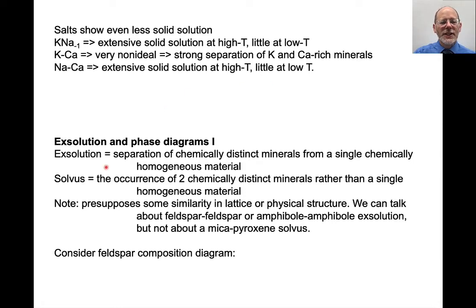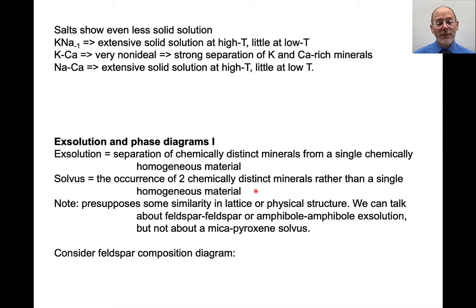Now, exsolution is the separation of chemically distinct minerals, two minerals that have different compositions, from what was originally a single chemically homogeneous material. The type of phase diagram that describes this is called a solvus, and it simply means that in a solvus there are two chemically distinct minerals for a given composition rather than a single homogeneous material.